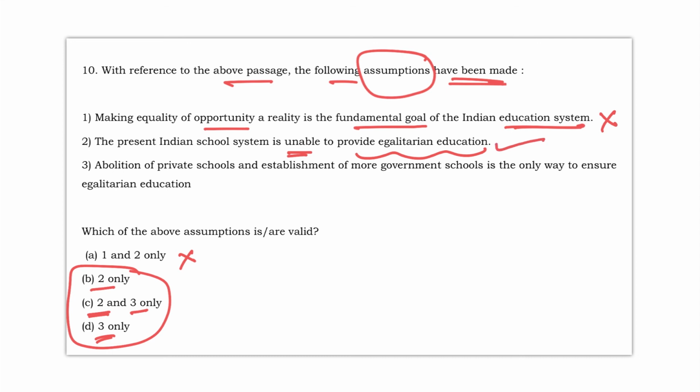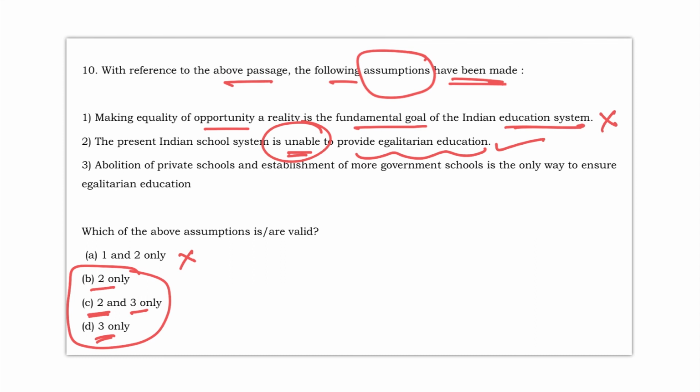The quotas have led to resistance, sometimes justified, and the idea of egalitarian education appears to be outside the space of private school principals. Private school principals are different and government principles are different, and the imposition of quota has led to resistance, sometimes justified. So according to that passage, option 2, the present Indian school system is unable to provide egalitarian education, can be a valid assumption here.